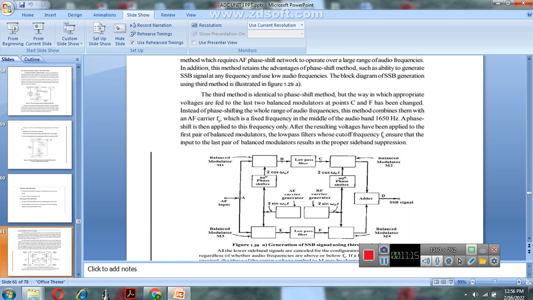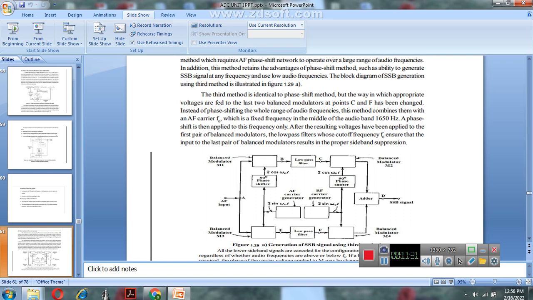This block consists of low pass filters and four balanced modulators, M1, M2, M3 and M4. These four balanced modulators each have a modulating input and a carrier input.